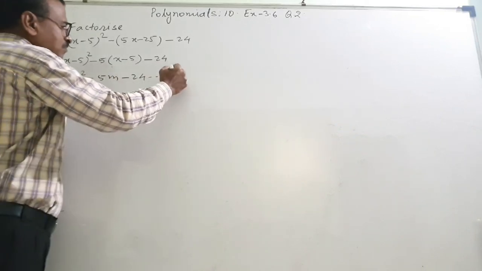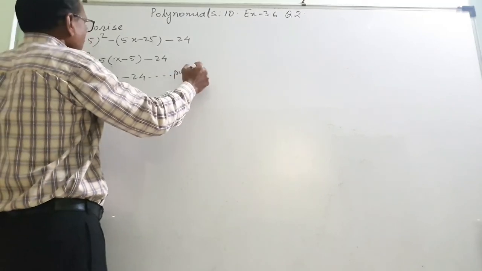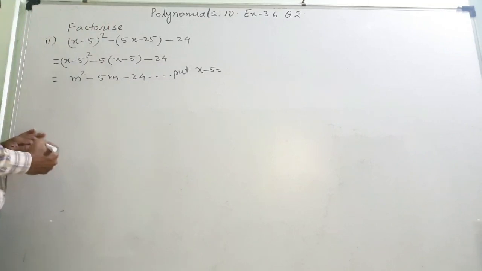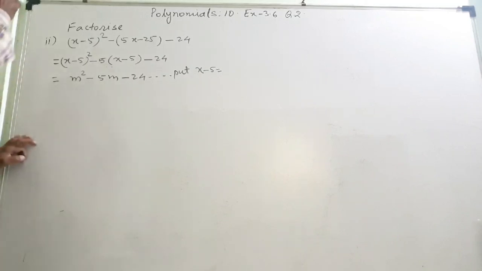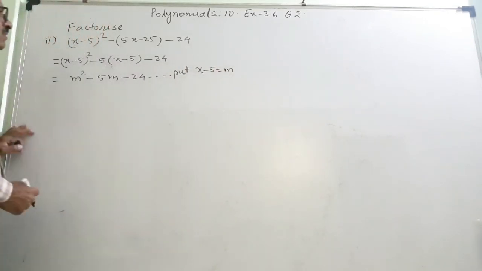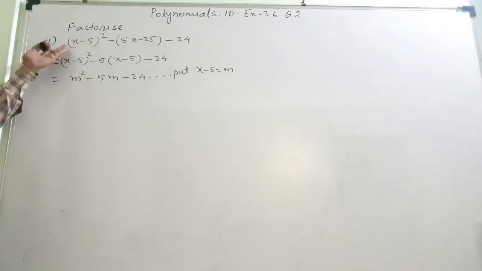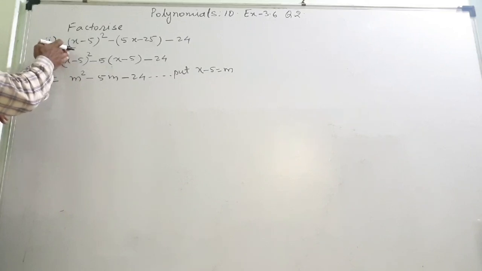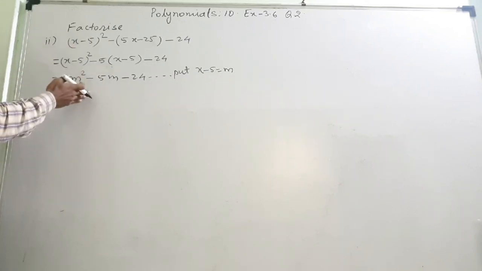Here what I have done? I put x minus 5 equal to m. This question you could have solved directly by expanding also, and by this way also.